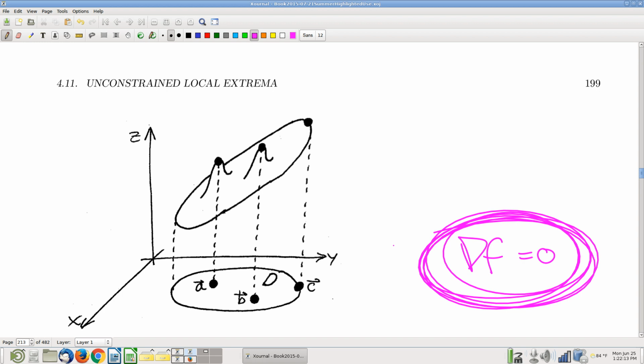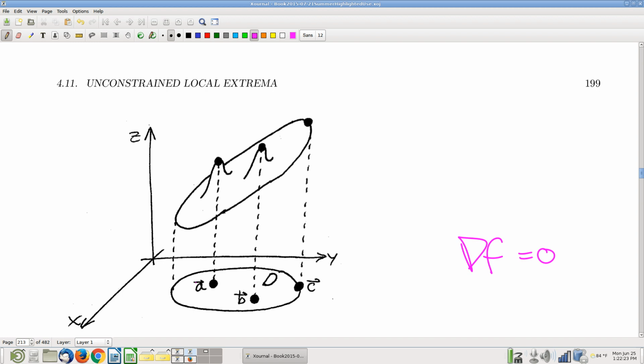This is not a successful argument. This is the losing argument of our process, right? So anyway, good news. There's only going to be typically a few such points in the interior, and those are candidates. Those are possible maxima.